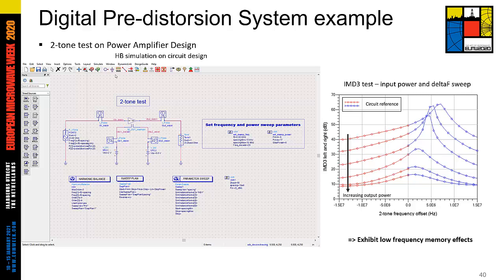In red, we find the left IMD3, and in blue, the right IMD3. This graph clearly shows the asymmetry in left and right IMD3, which is a manifestation of a low frequency memory. And this type of characteristic is impossible to reproduce with a model without memory.